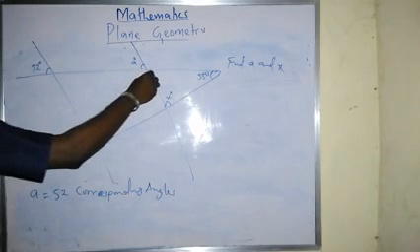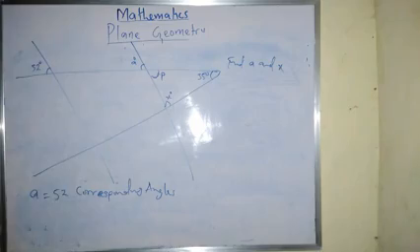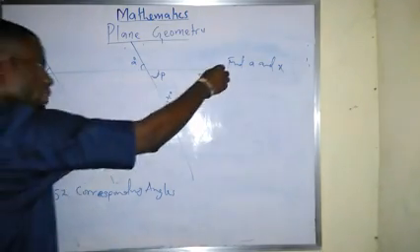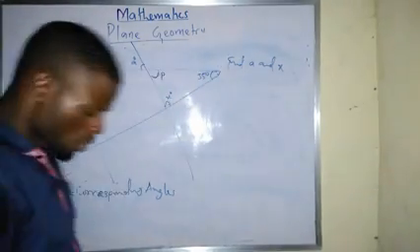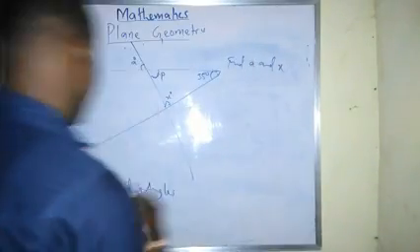Now, do you know that I can call this place P? If I call this place P, I will know that this particular part is a triangle. And we all know that the sum of angles on a triangle is 180.